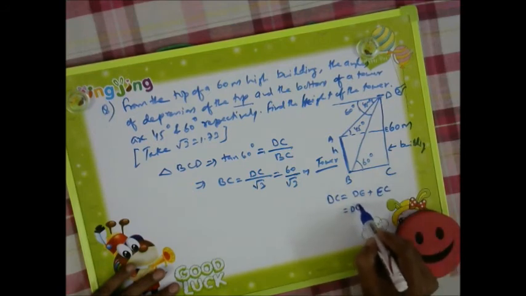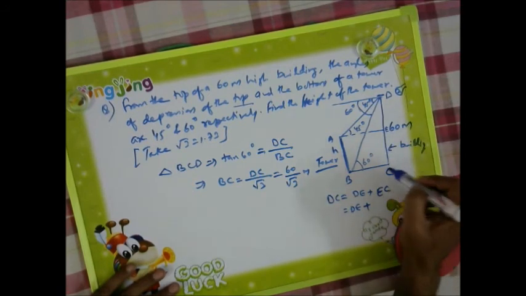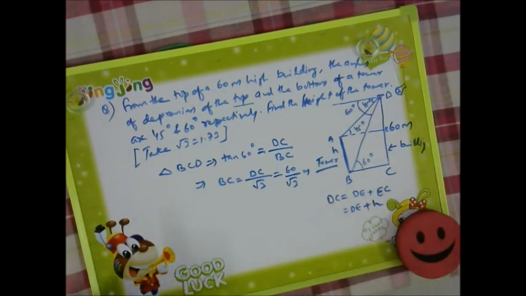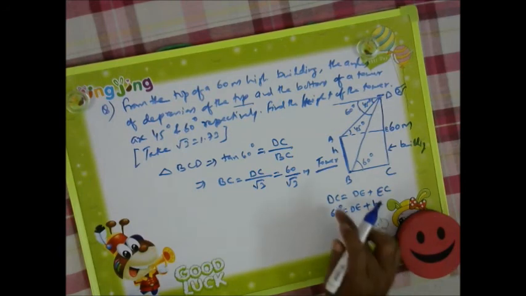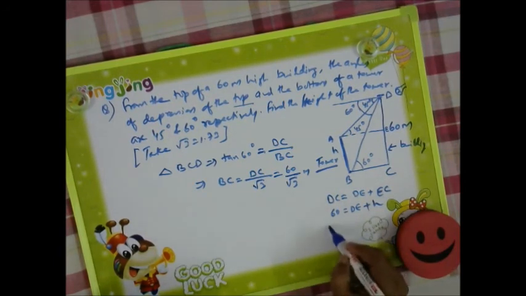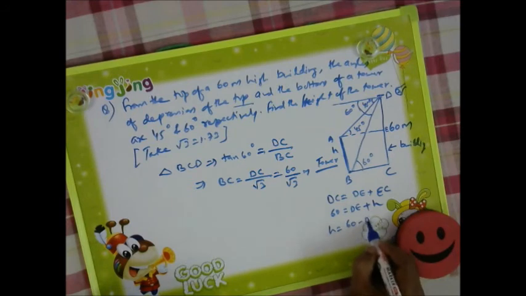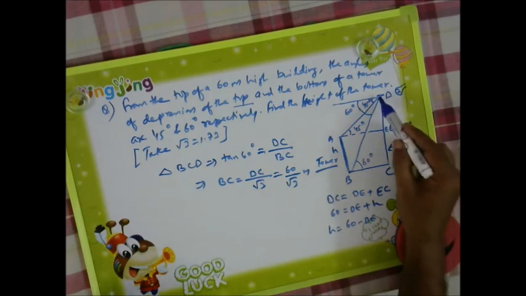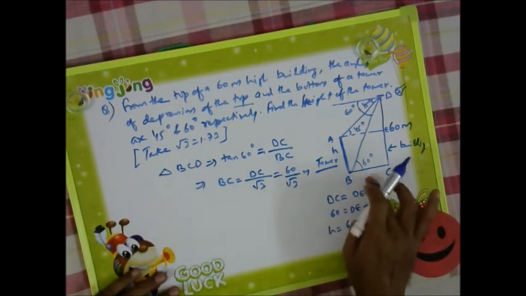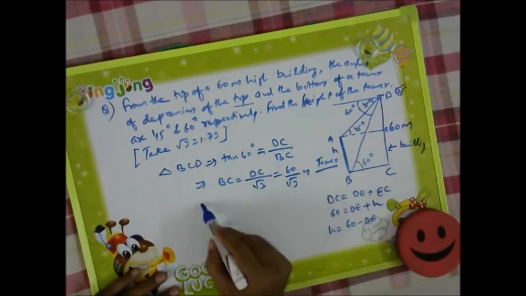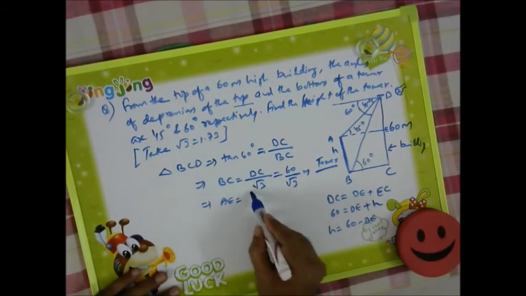DE we don't know, EC is already h, and this is equal to 60 meter. So h is equal to 60 minus DE. Now our main motto is to find DE. How will we find it? We will find it from this triangle AED. From here we found BC, which means AE is equal to 60 by root 3 meter.